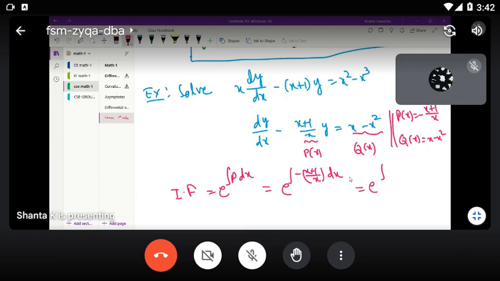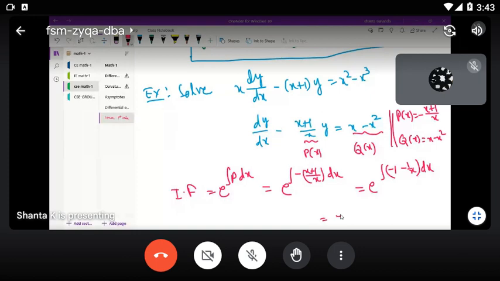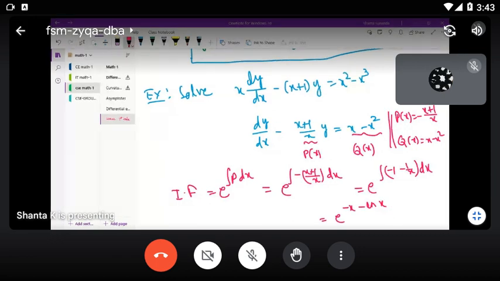Further, you can do minus x by x is minus 1, minus 1 by x. Now you can do the integration. So the first one will be minus x. The constant we are not putting, it will be adjusted with the solution.